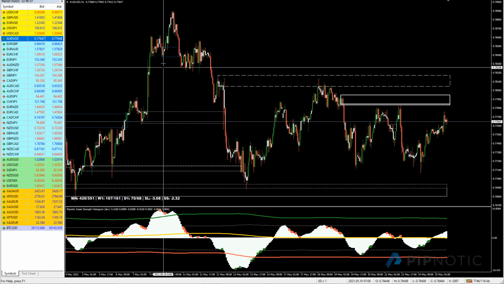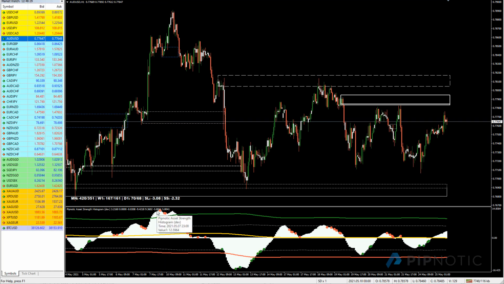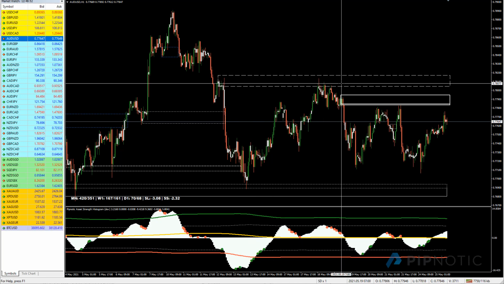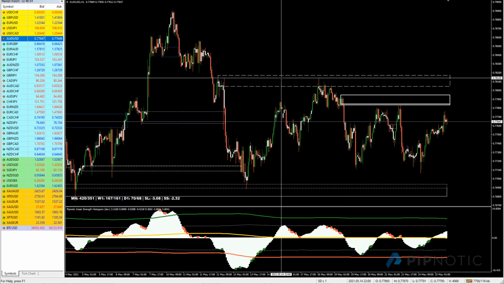So when you get the first red dot above the green line, we know that we can expect price to move away from that. The same applies when the histogram moves below the red line, which is the negative territory. When we start to print these green dots here, we're being told that we can expect the price to move back towards some kind of an agreed value for this asset.